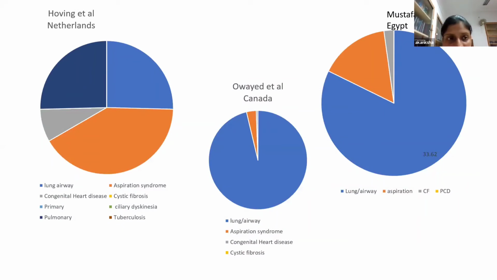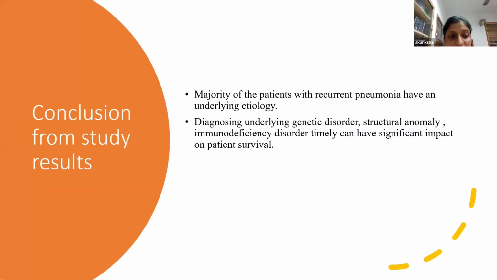These were the studies conducted in other parts of the world by Hoving et al. in Netherlands, Oed et al. in Canada, and Mustafa et al. in Egypt, and they also found that the majority of the patients of recurrent pneumonia have an underlying etiology. So the conclusion from these study results was that the majority of the patients with recurrent pneumonia have an underlying etiology.